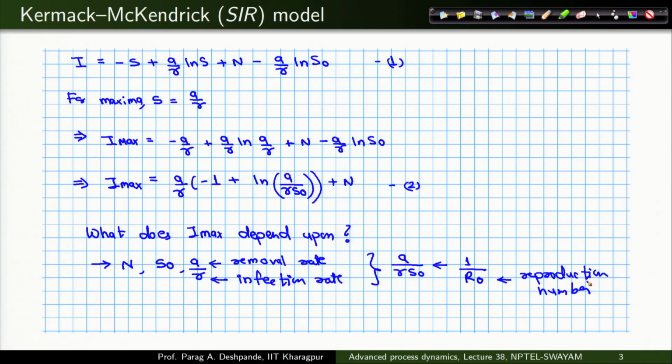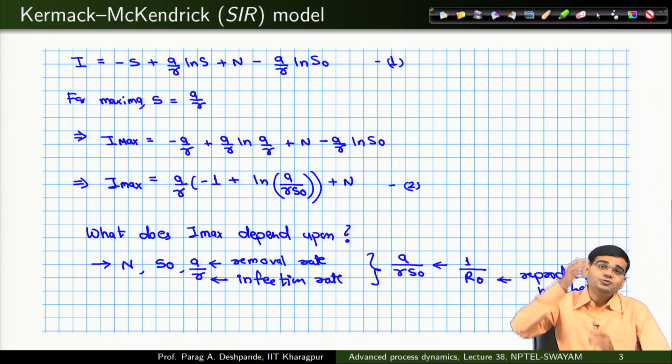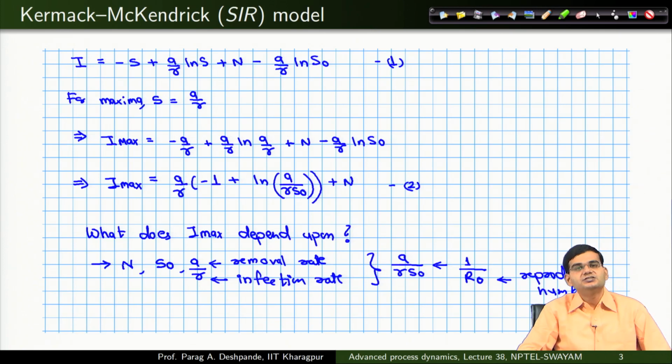This is a very important and interesting equation, because this simply says that if I know my total population, if I know my population of susceptibles in the beginning, and very safely it can be approximated during the early stages of the pandemic as equal to the population itself, and if I know the reproduction ratio in the beginning, then I already know how much of the population is going to be infected at the peak of the pandemic.